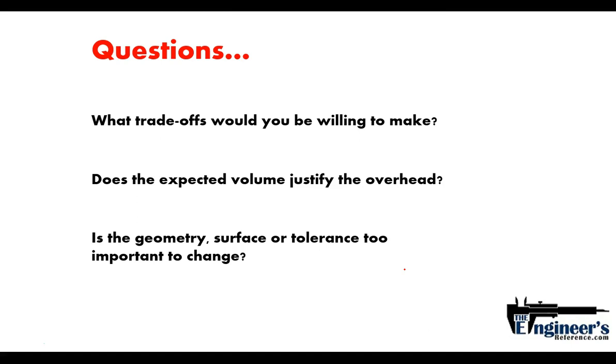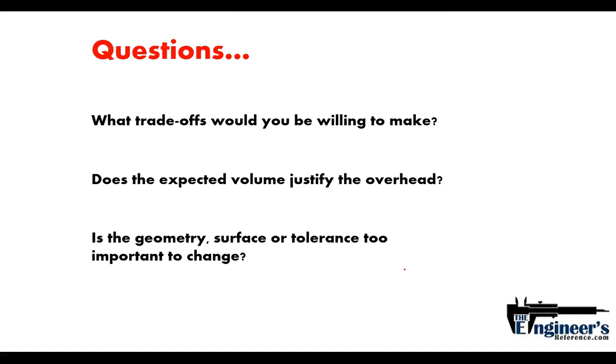And is the geometry, surface finish, or tolerance too important to change? In other words, you might be able to get the geometry you're looking for with a new or alternative process, but is it really worth the cost of that process, versus just designing it so you eliminate that to begin with?